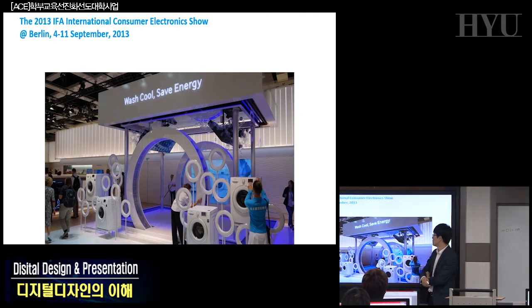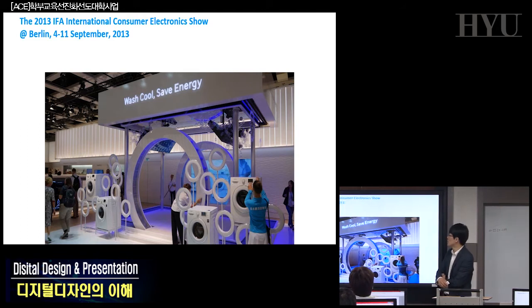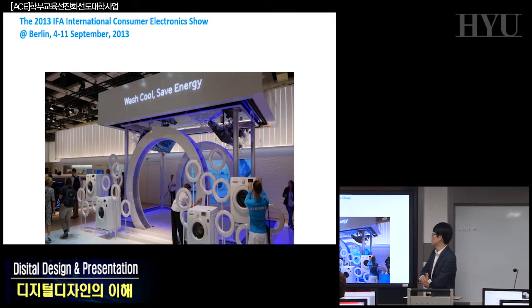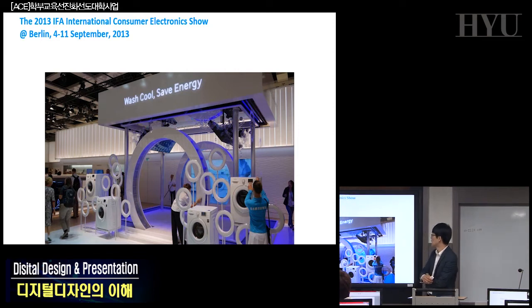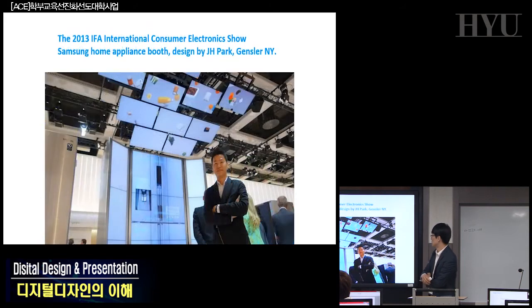Cool Wash saves energy. And this is the 2013 IFA International Consumer Electronics Show in Berlin last year, the actual exhibition for this one. Another picture shows a series of Samsung booths, and those two examples are two of them, okay?